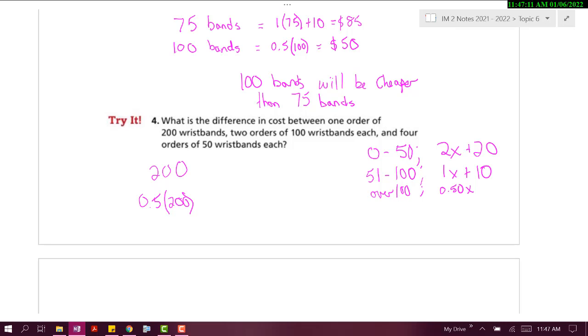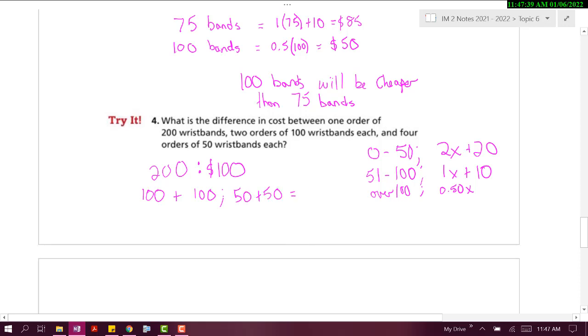So it's just $100. Now, if we order 2 100s, well, we already know 100 bands is $50, and if we have it twice, that's just 50 plus 50 for $100. So it's the same price whether we go as a big order of 200 or 2 100s.